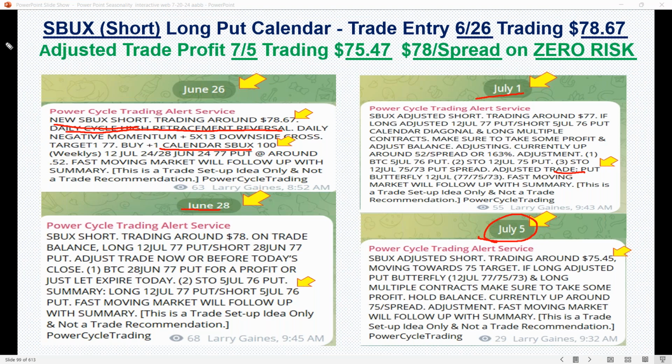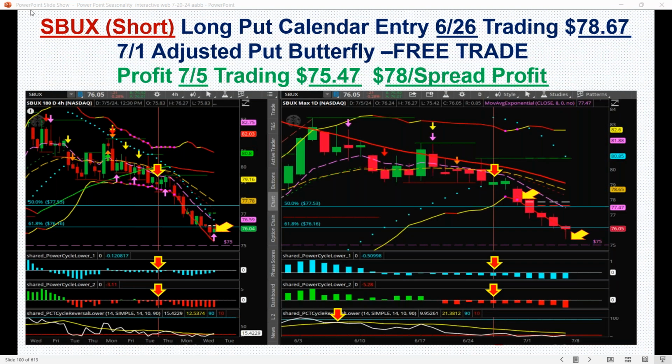So just constantly updating you. And here's the initial trade. We went short using what we call a calendar spread. So went short right there. Then we did an adjustment here to the butterfly, and then we were out here. We adjusted this to a free trade. So we were able to adjust this to a butterfly where we had no exposure, no risk at all.